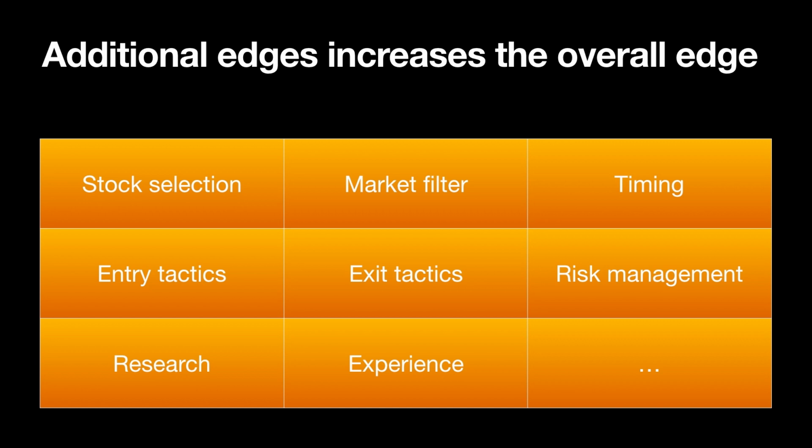You can apply timing criteria, so that you say, okay, I only buy when the price is less than 5% above the base, or I only buy when the general market is coming out of a correction. These are timing or entry tactics which you can use.